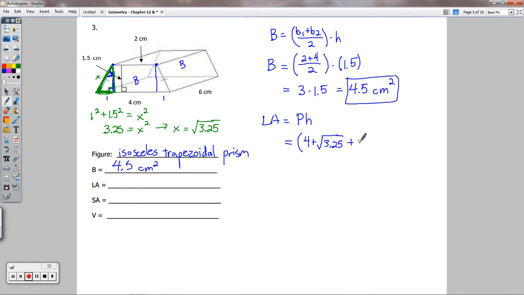So I've got that, and I've got that. You could say 2 times the square root of 3.25 instead of writing it twice. That would be okay as well. And then the height, connecting the two bases, is 6.